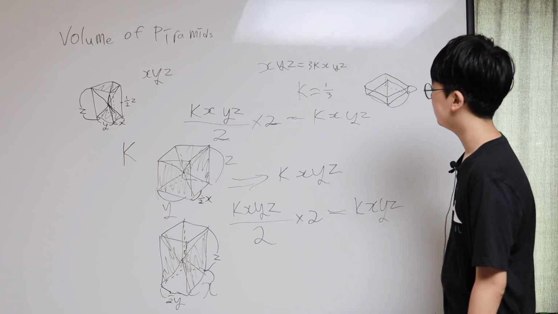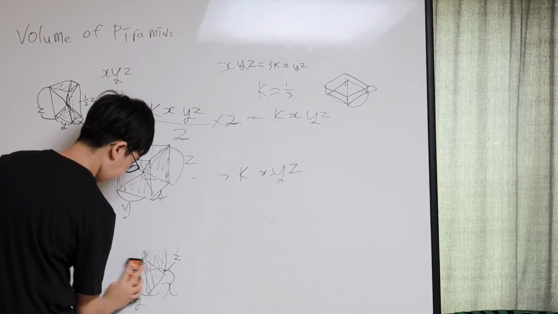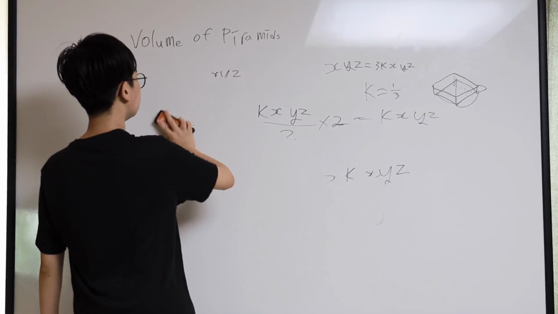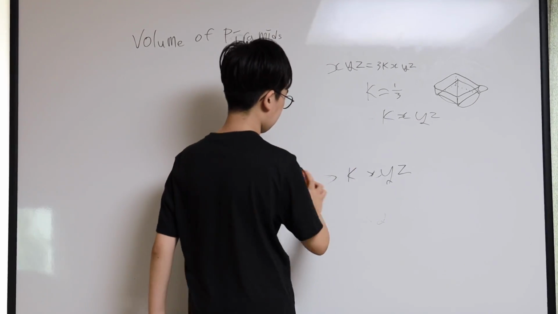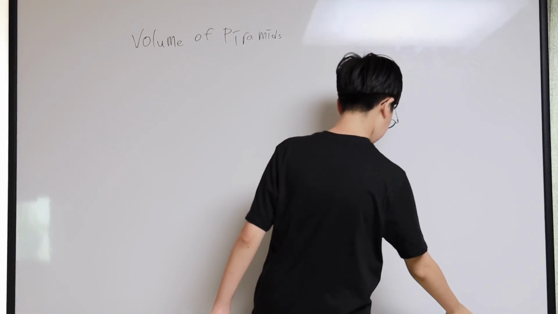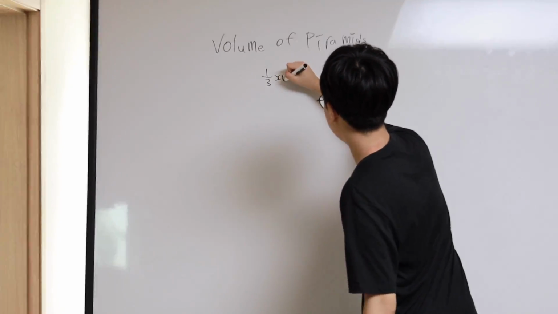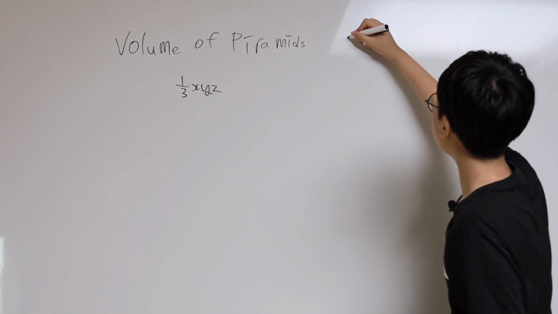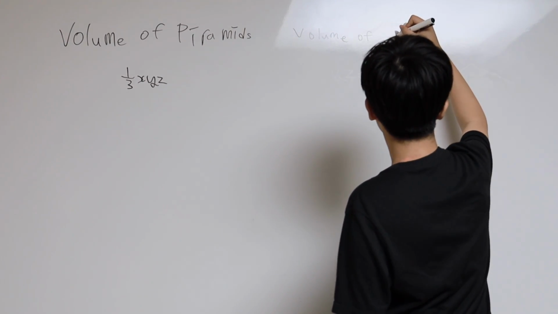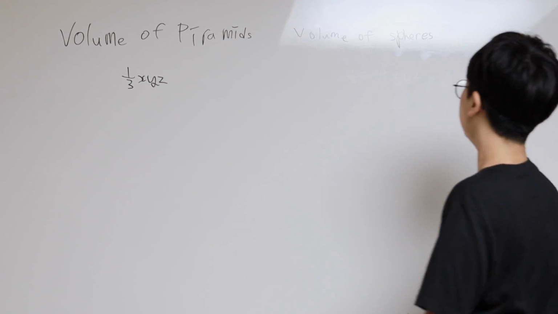And now, so the volume of pyramids is a third of X, Y, Z, and now the volume of spheres.